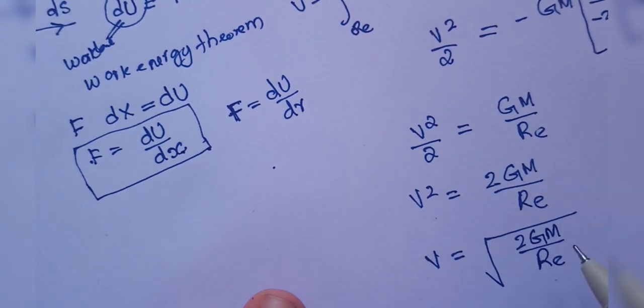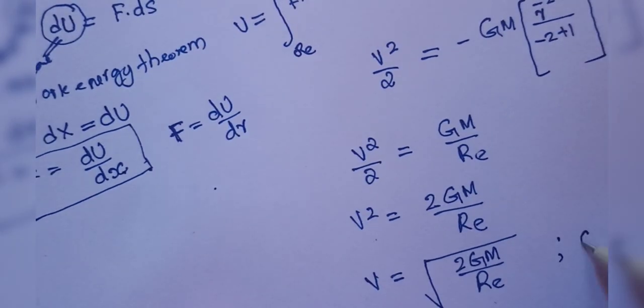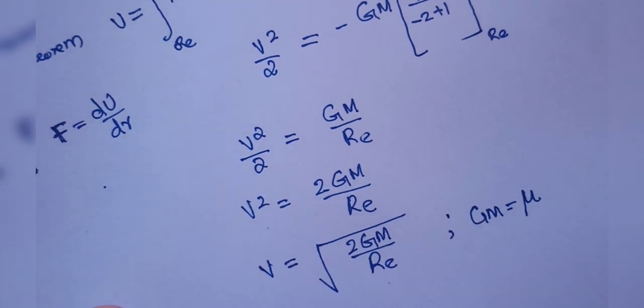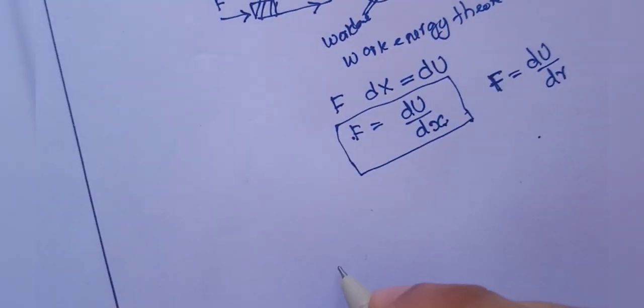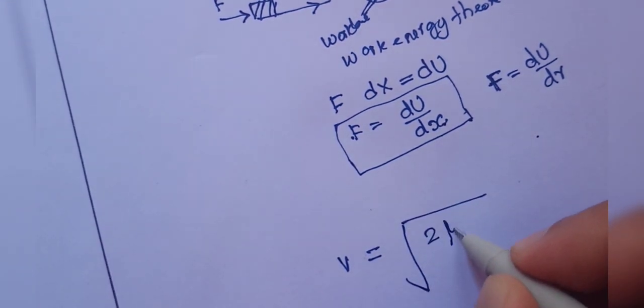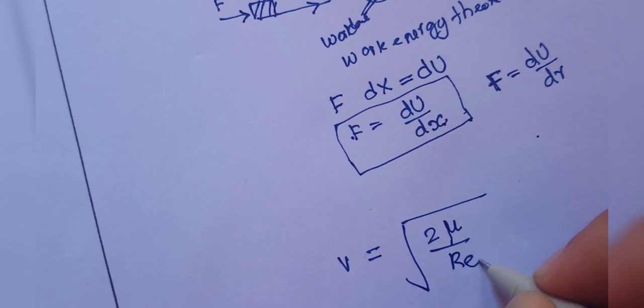Now in space dynamics we always denote GM as mu, so your expression again tends to be v is equal to the square root of 2 mu by re.